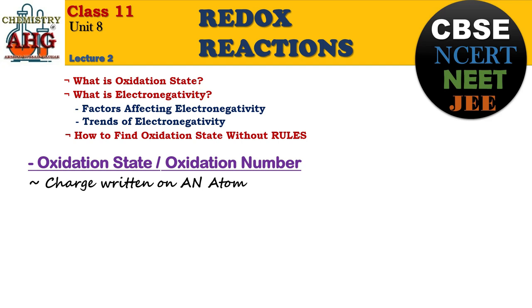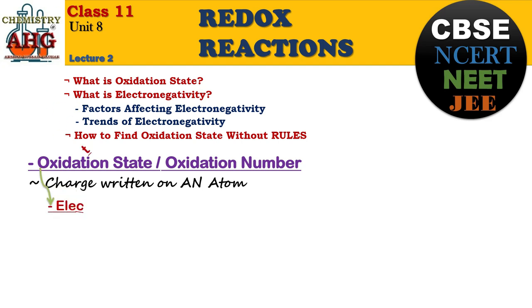Next, you must remember how we can find this charge that is written on one atom. Always remember, the concept of oxidation state or oxidation number is based on electronegativity.